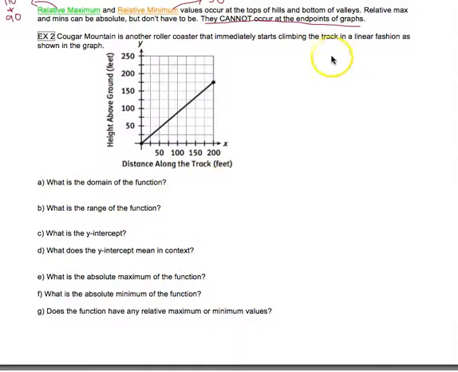So domain, again, remember, Dix, Roy, domain, input, x values. So this, because it's connected, that means that I'm going to write an inequality sandwich. So I start at where x is 0. It is a closed circle. And I end where x is 200. So my domain should go from 0 to 200.